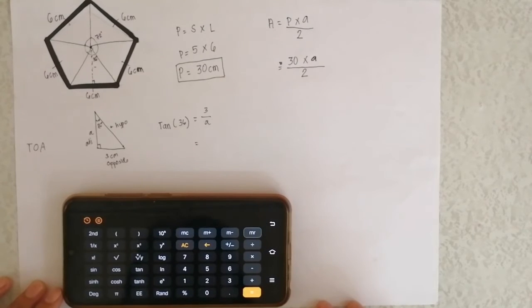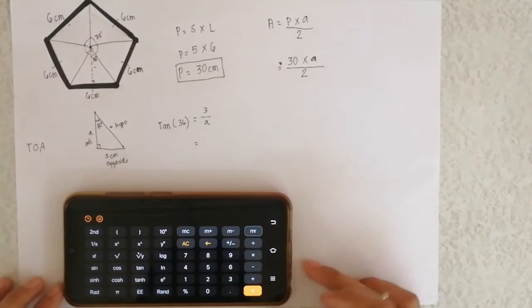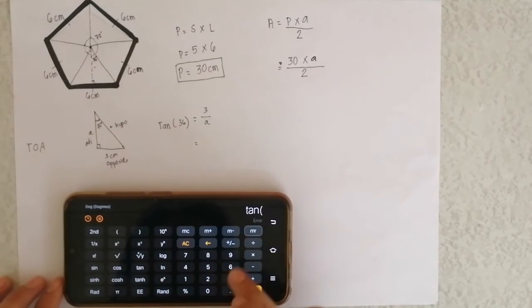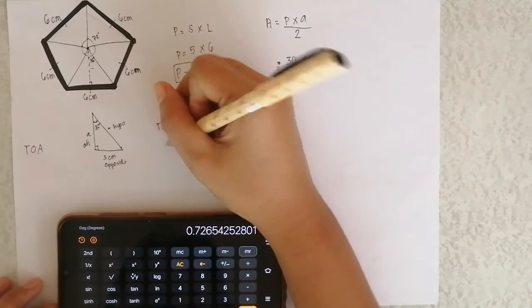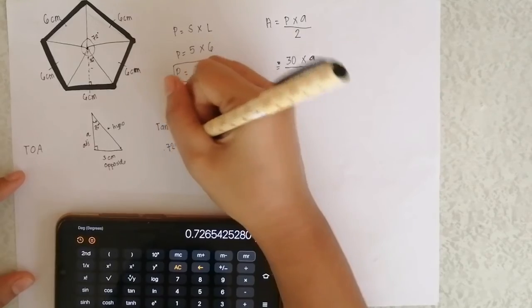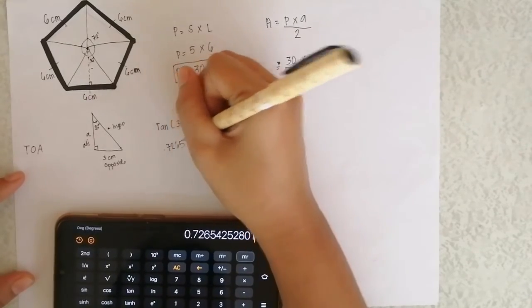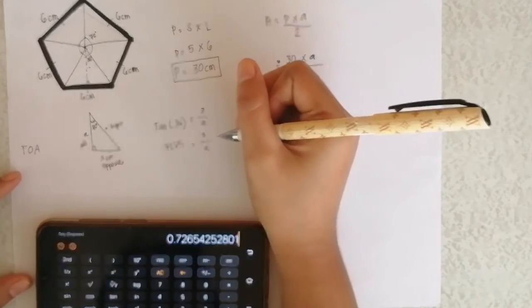We will solve now for the tangent of 36. Make sure that it is in degrees and not radians. Okay, we'll use degrees. So tangent of 36 is equal to 0.7265. So 3 divided by our apothem.